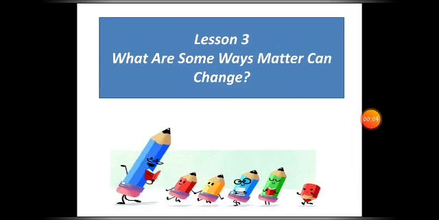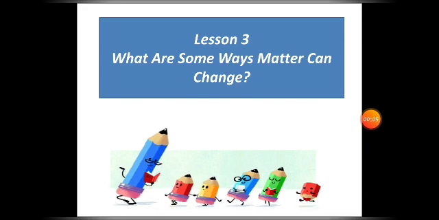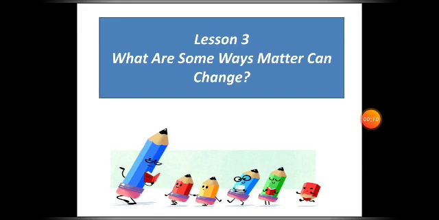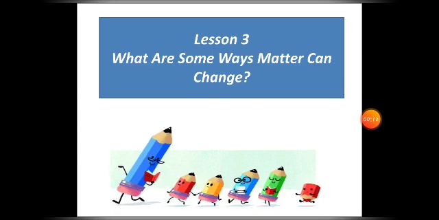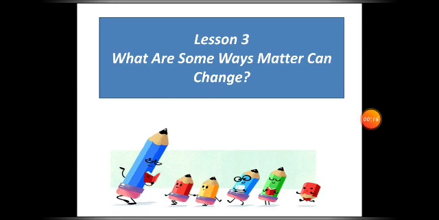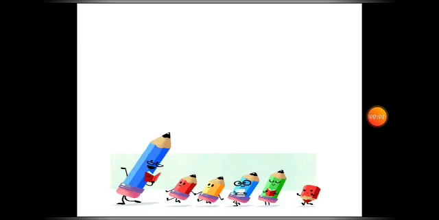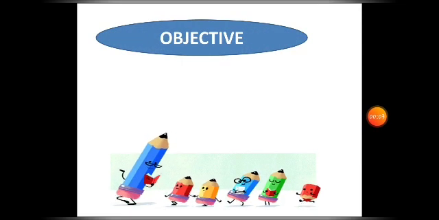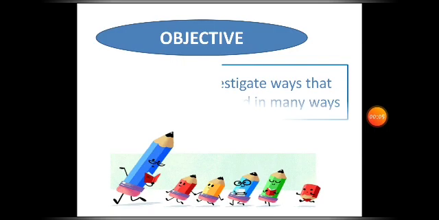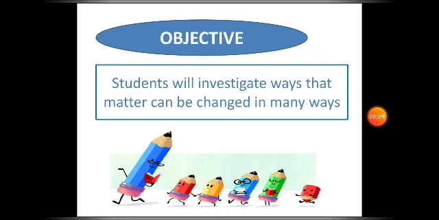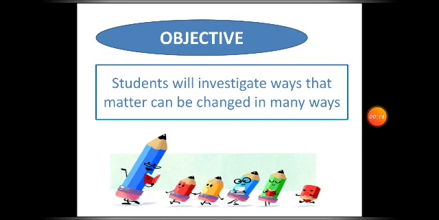Now, I want you to open your book. We are still with lesson 3. What are some ways matter can change? Still on pages 30 to 35 of your textbook. And for our objective, it says here that students will investigate ways that matter can be changed in many ways.